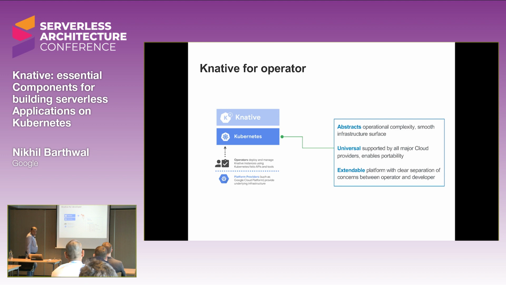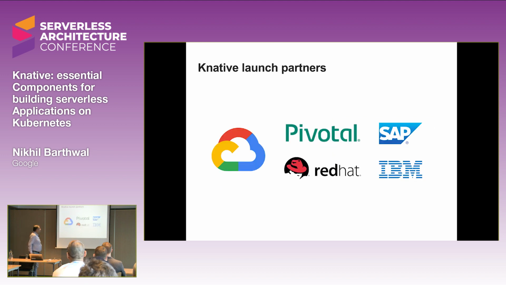And these are the industrial partners, which I kind of mentioned. It was initially started with Google, then Pivotal, Red Hat and IBM joined. Now, I know that Red Hat has been acquired by IBM, so that slide is strictly not correct, but when we started, Red Hat and IBM were separate. Now they're together. And SAP is also very much involved with Knative. So these are the launch partners.